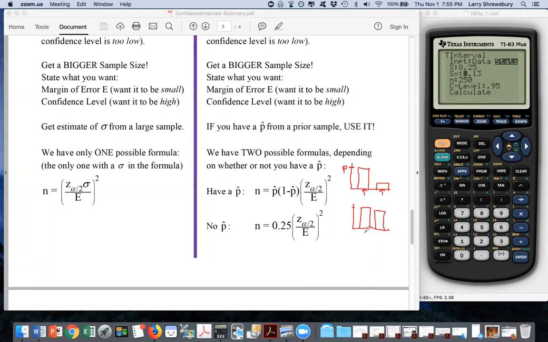And I'm saying this is the category of interest, so that's why this is P. And of course, this is the probability of a failure, 1 minus P. Well, to tell there's a difference, I guess the closer P is to 1/2, the harder time I'm going to have. So the closer P hat is to 1/2.